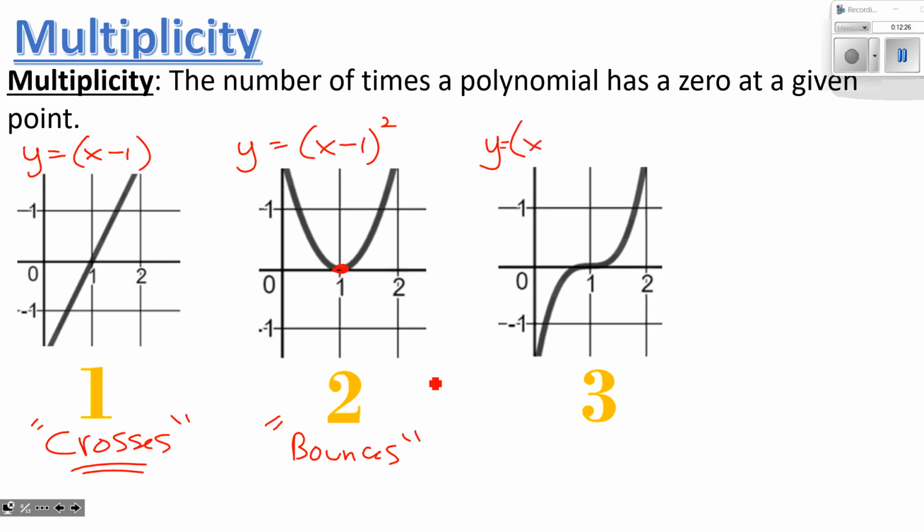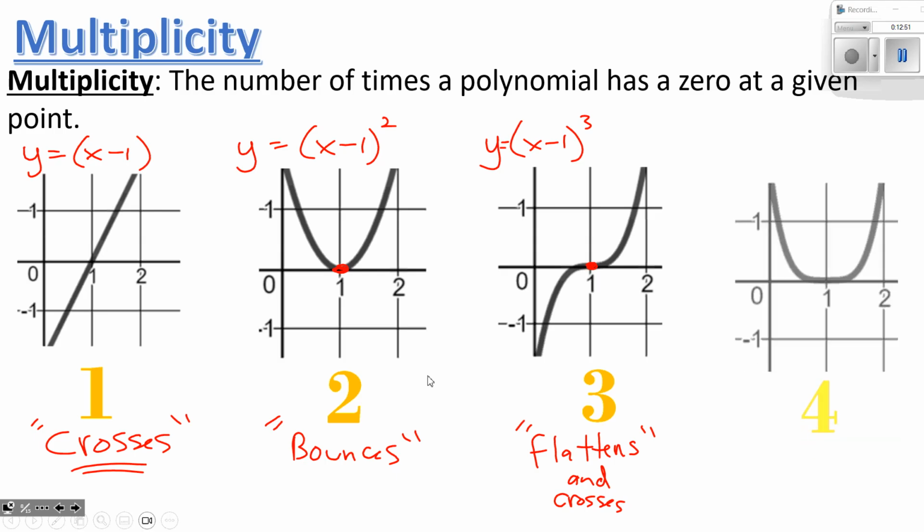This is x minus 1 cubed, a multiplicity of 3, and we say that it flattens and crosses through. It does go through the x-axis, but it does a pretty distinctive flatten first.